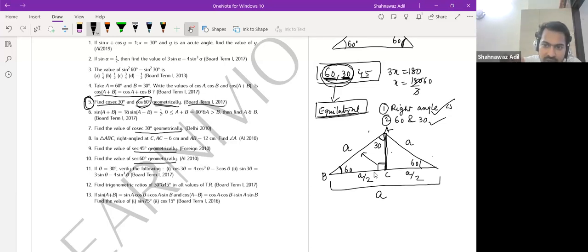We know the hypotenuse, we know the base, so through Pythagoras theorem it is possible. Please calculate and tell me the answer.